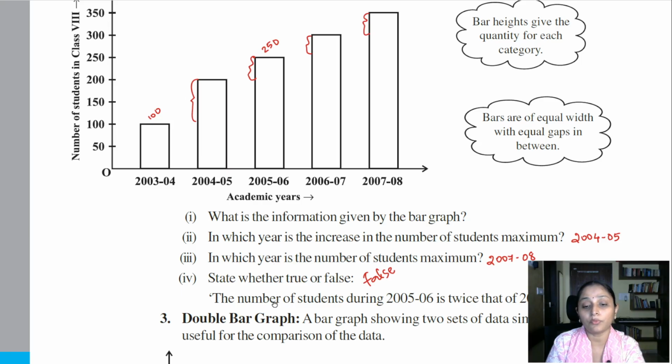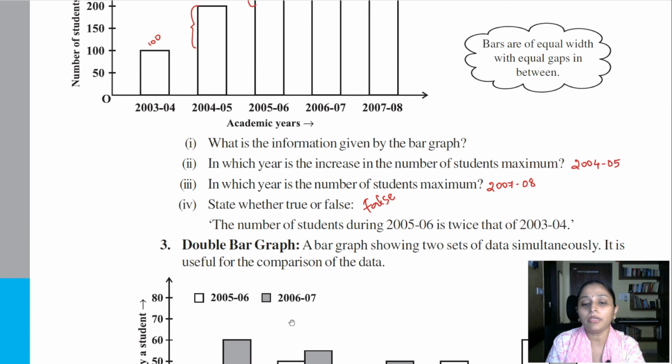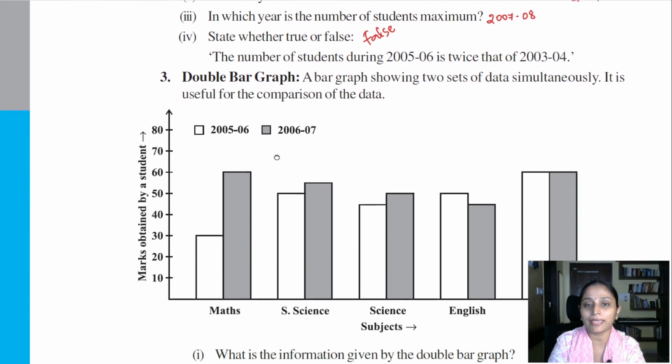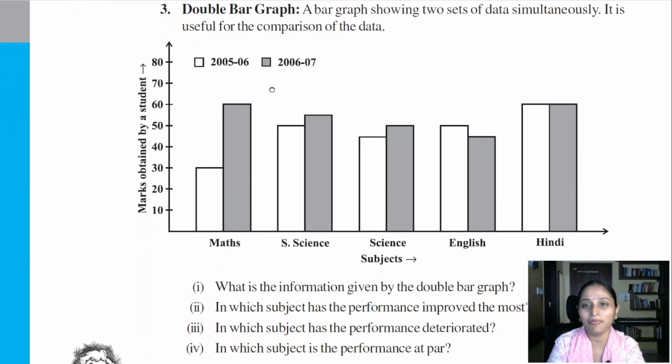Next, you have what is called a double bar graph. Now here what will happen is, on the x-axis, we are going to have different categories for different years. For example, let's look at this example. They have marks obtained by a student for different subjects, and also they want the marks obtained compared to the previous year.